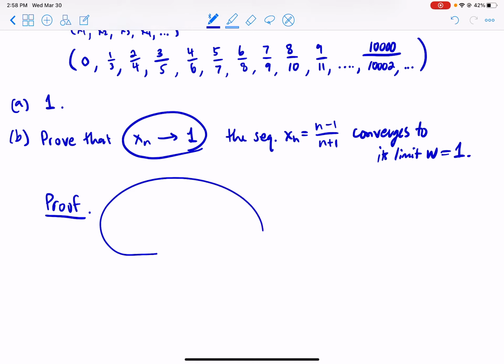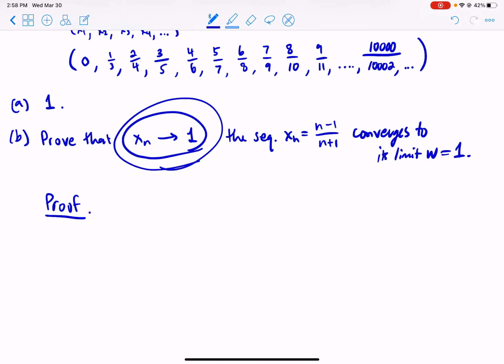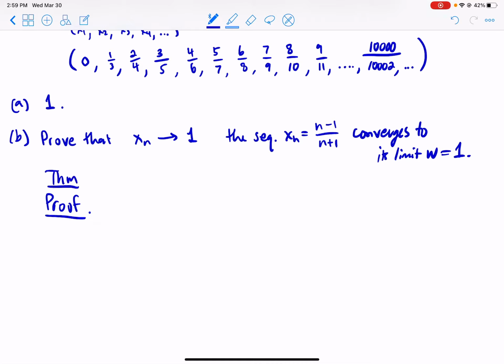The first step of a proof is that we have to say what the thing we're proving even means. The theorem is that this sequence converges to 1.